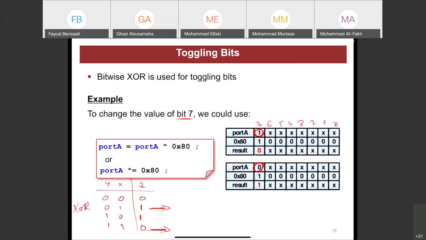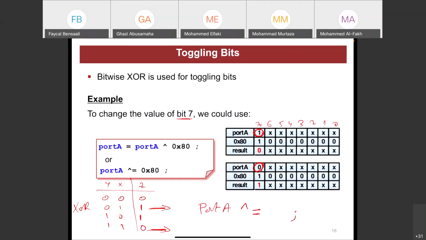Now, what will be the bit mask or the operation that I need to do to toggle bit 0 and bit 7? What should I write? I want to do bit 7 and bit 0, sorry. So port A, what? Can I have an answer, please?